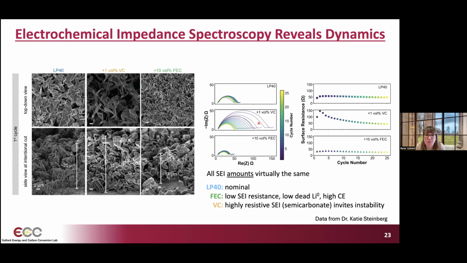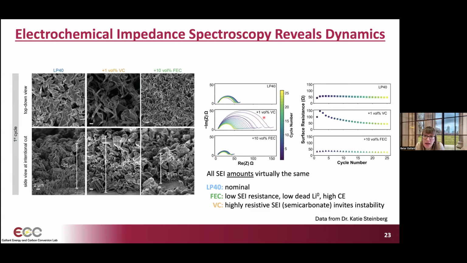We also see this bear out in the impedance spectroscopy. Our baseline is LP40 as shown here, and it cycles pretty stably. But when we add FEC, we see relatively minor change. In fact, we see slightly lower charge transfer resistance, and that makes sense given the stable cycling and higher Coulombic efficiency. The exception is really in VC as shown here. We see quite erratic evolution in the surface resistance.